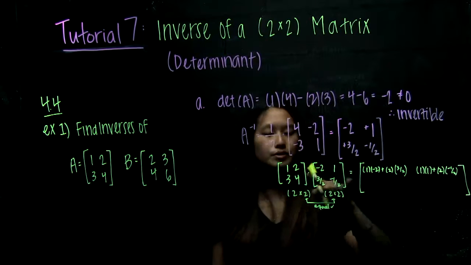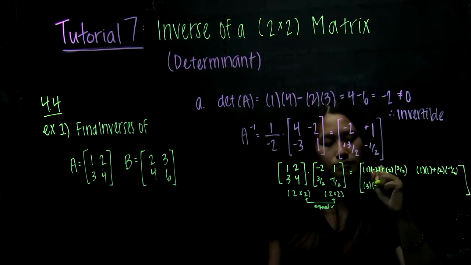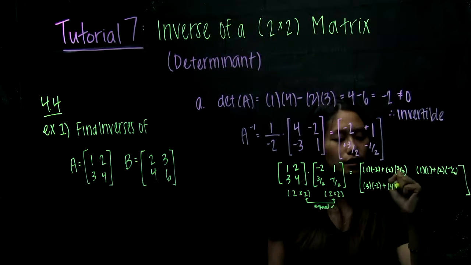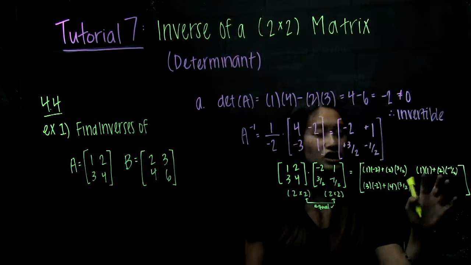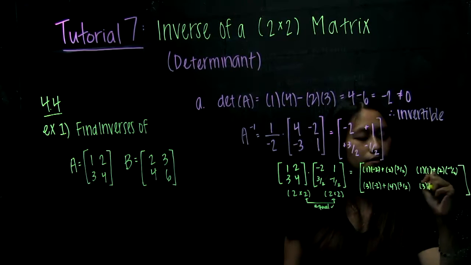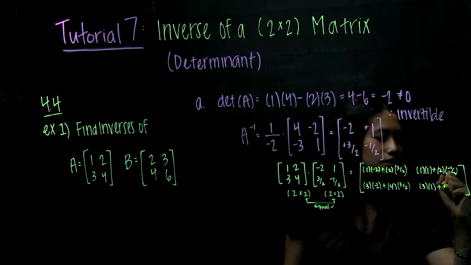Down below, you get 3 times -2 plus 4 times 3/2. And on the right side, you get 3 times 1 plus 4 times -1/2.